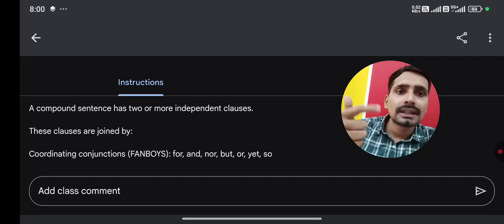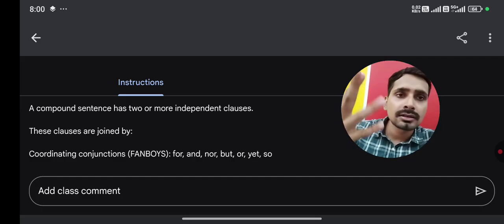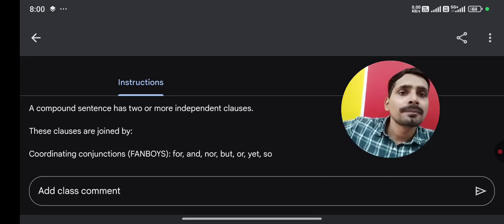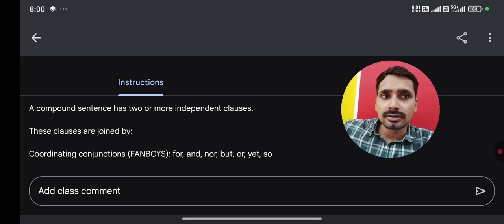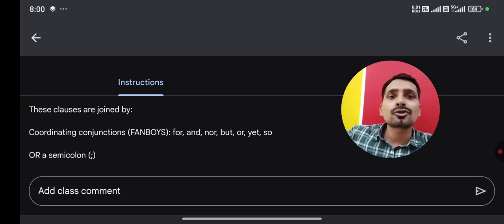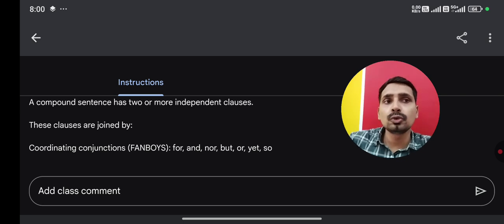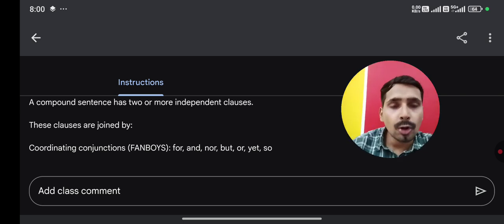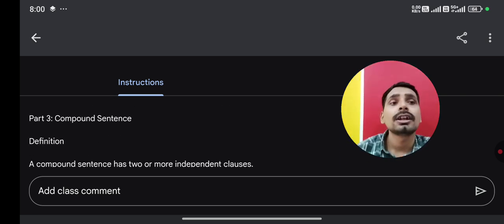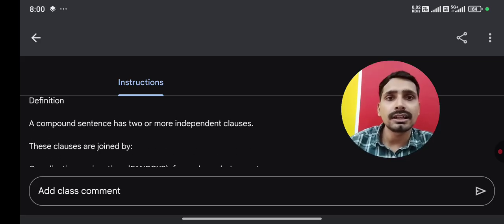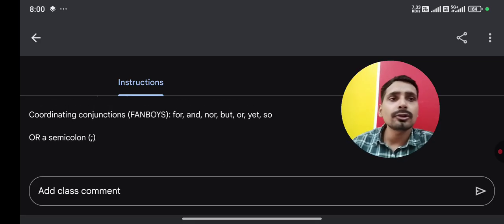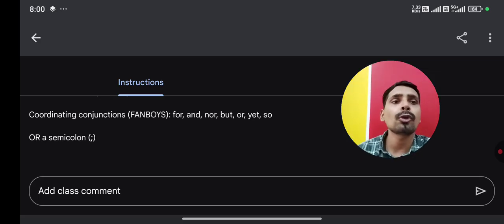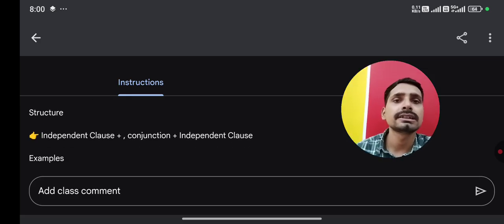All these words are called FANBOYS. And these FANBOYS are used to connect two or more clauses which form a compound sentence. Or it is a semicolon. A semicolon is also used to connect two sentences and form a compound sentence.